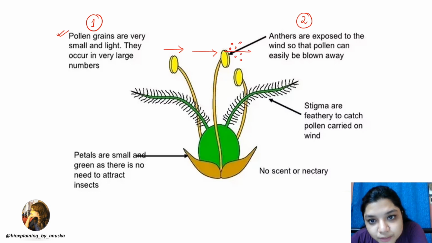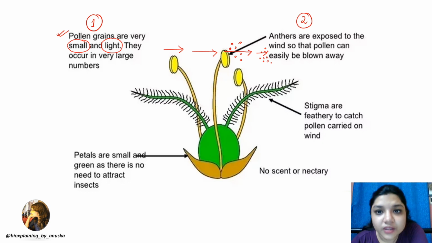So when the wind blows past the anther, this wind carries away the pollen grains along with it. Because these pollen grains are small as well as light, they can be easily carried away by the wind.